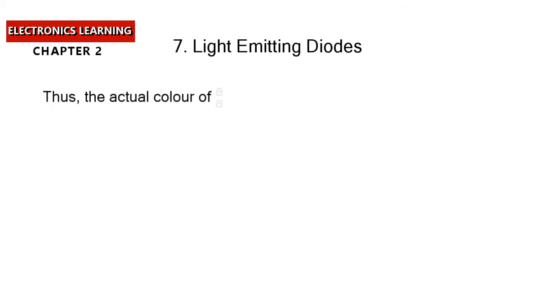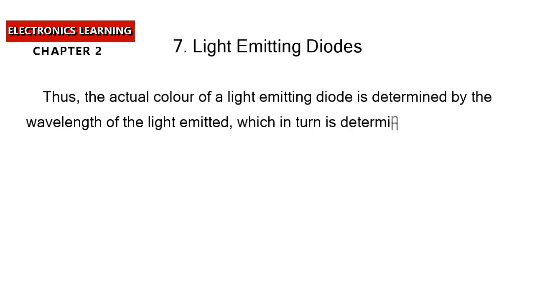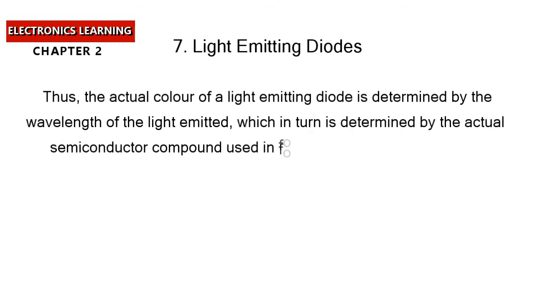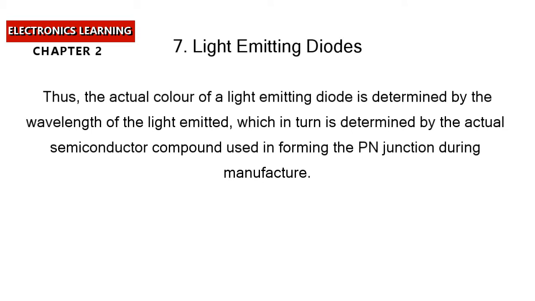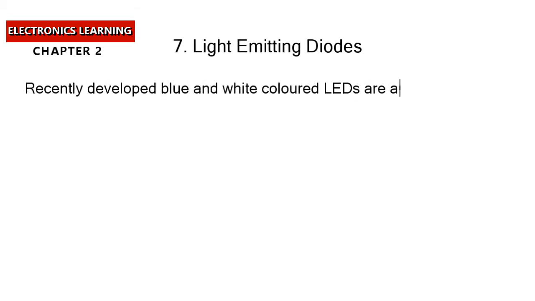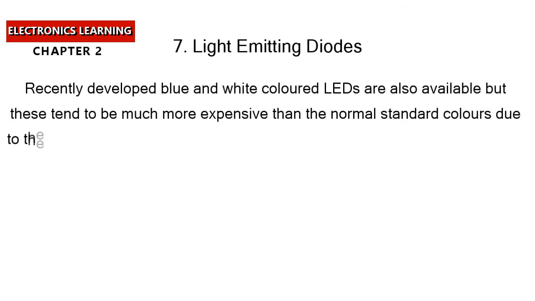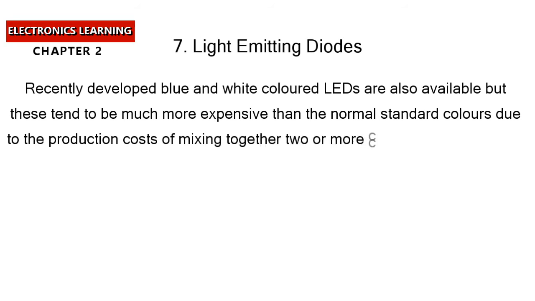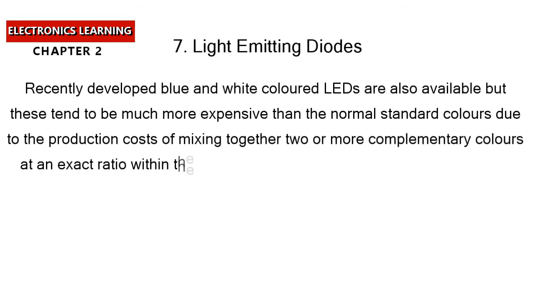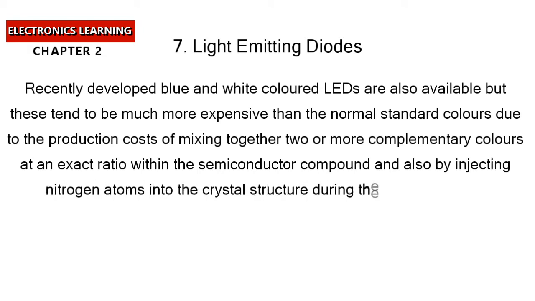Thus, the actual color of a light-emitting diode is determined by the wavelength of the light emitted, which in turn is determined by the actual semiconductor compound used in forming the p-n junction during manufacture. Recently developed blue and white colored LEDs are also available, but these tend to be much more expensive than the normal standard colors due to the production costs of mixing together two or more complementary colors at an exact ratio within the semiconductor compound, and also by injecting nitrogen atoms into the crystal structure during the doping process.